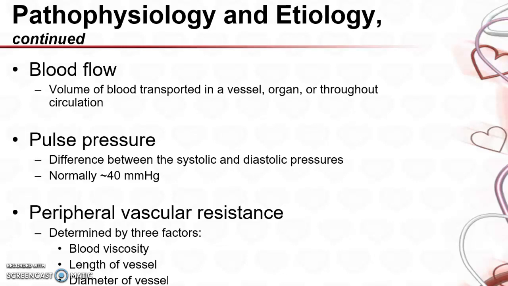This is determined by three factors: blood viscosity, so how thin or how thick is the blood; the length of the vessel, does the blood need to travel 2 inches or 4 feet; and the diameter of the blood vessel. The diameter is extremely important because the thinner the diameter of the blood vessel, the harder that blood has to work to get through that vessel, especially if the blood is of thicker viscosity.